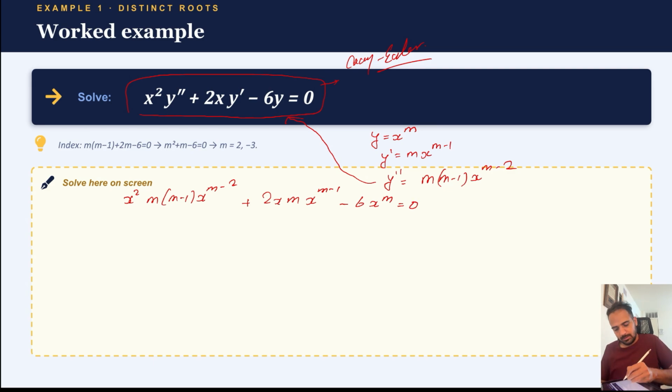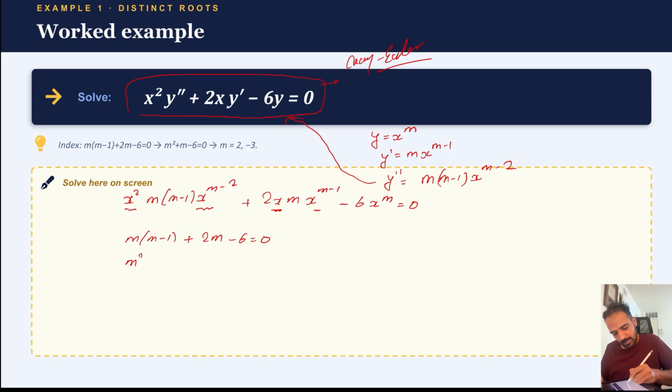And here this x^2 will be cancelled out with the x^2 from here. This x will be cancelled out with the x from here. That means we'll end up with something like m(m-1) plus 2m minus 6 equals 0. This is our index equation, the quadratic form obviously.